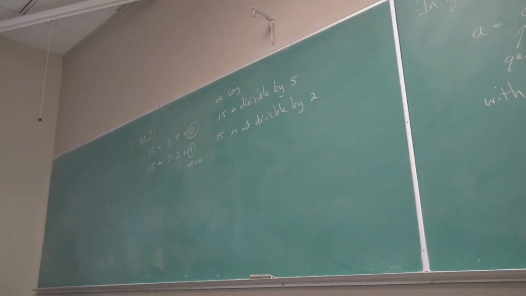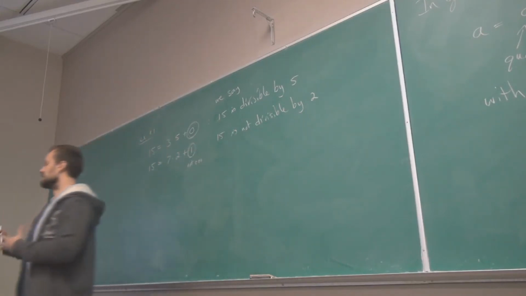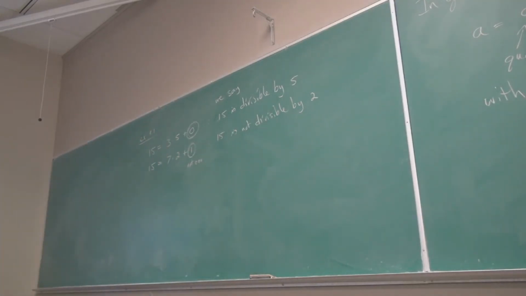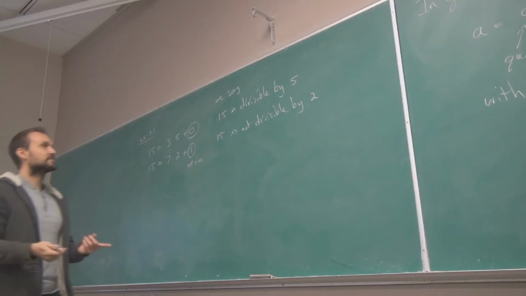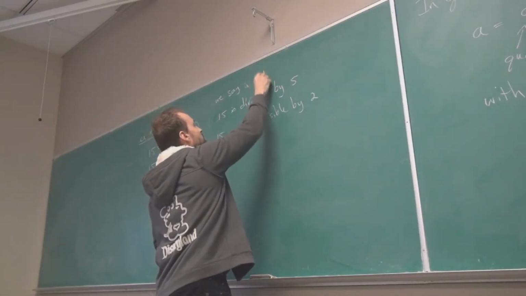That is very much an English sentence. Yes, there are numbers in there, but it's still part of our language. English sentence. How do we translate that to a mathematical sentence? We're saying the same thing. Let's say it here in English.